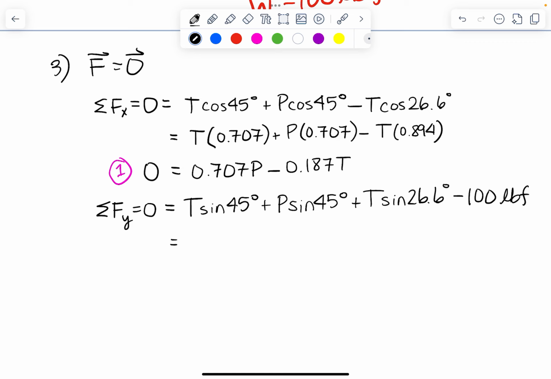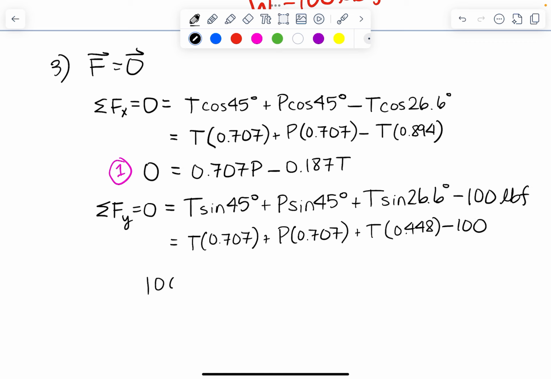So again, just plugging into the calculator, I get t times 0.707 plus p times 0.707 plus t times 0.448 minus 100.